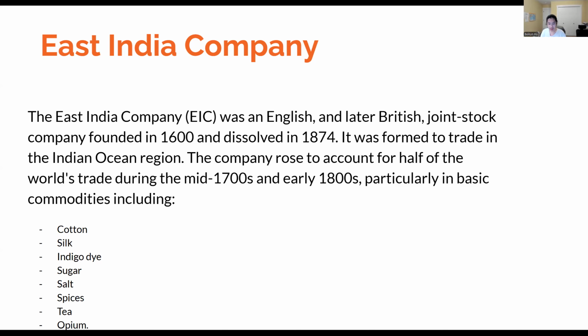It was dissolved in 1874 under the terms of the East India Stock Dividend Redemption Act, enacted 1 year earlier. And then the official government machinery of the British Raj had assumed its governmental functions and absorbed its armies, the armies of the 260,000 soldiers. Okay, this one, big economic impact, right?